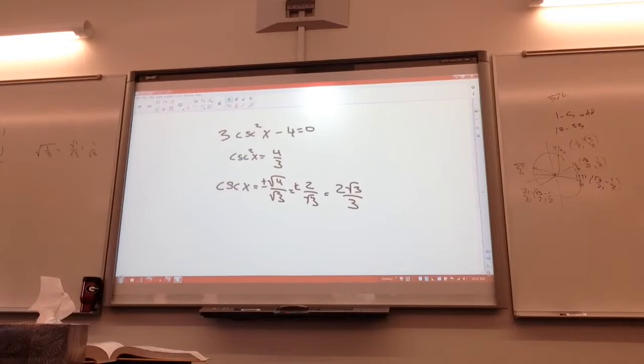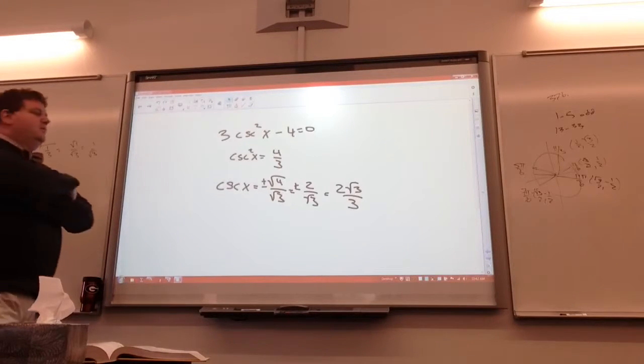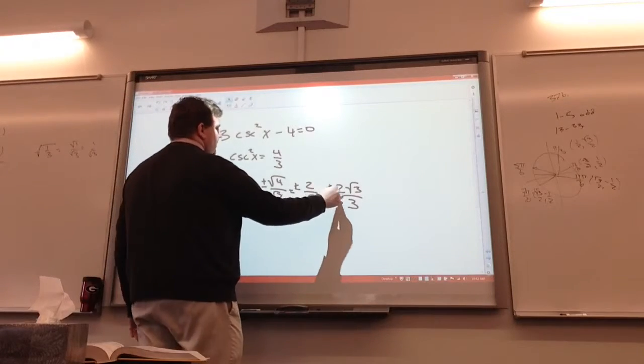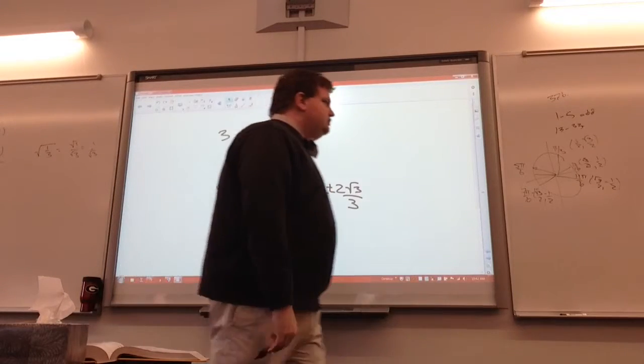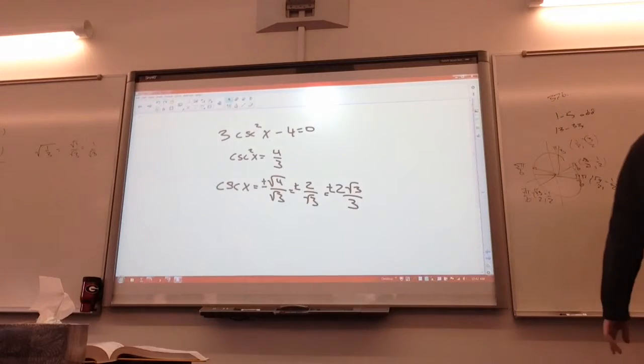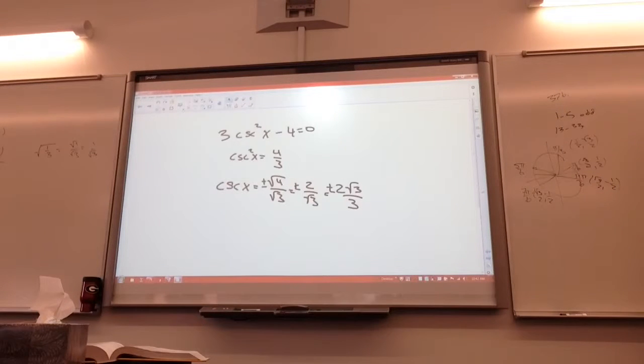Cosecant is 1 over y, correct? So which answer here, plus or minus, I should say, which one of these, if I did 1 over y, would give me that as an answer? Would it be this one right here?